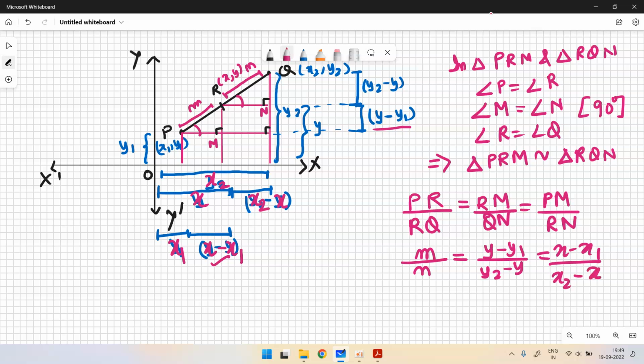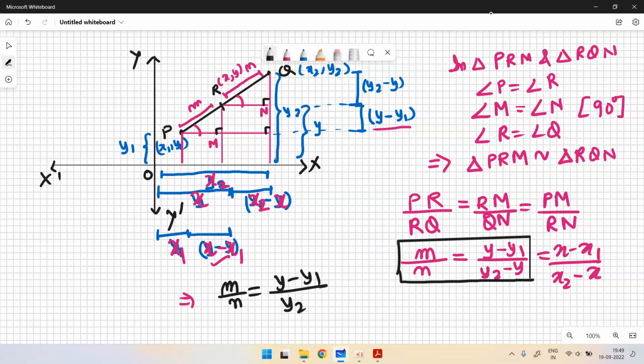Now taking one relation at a time, take this first relation, so this is like m by n equals y minus y1 by y2 minus y.